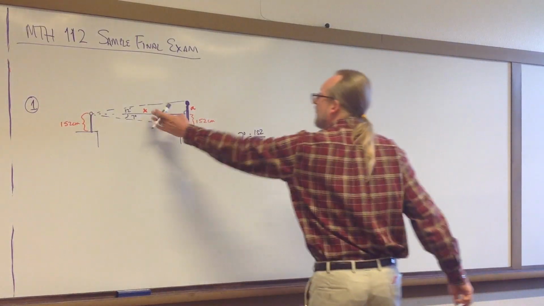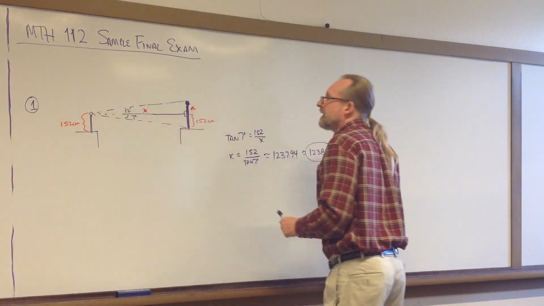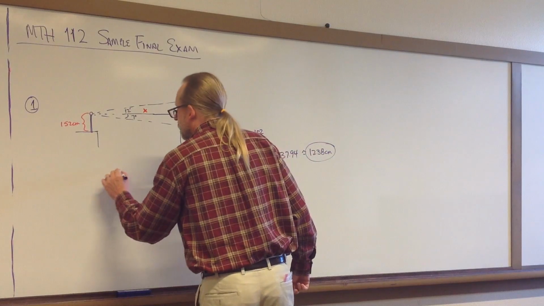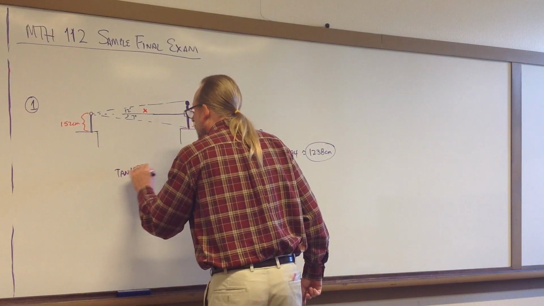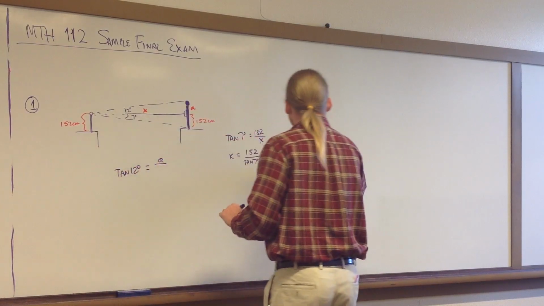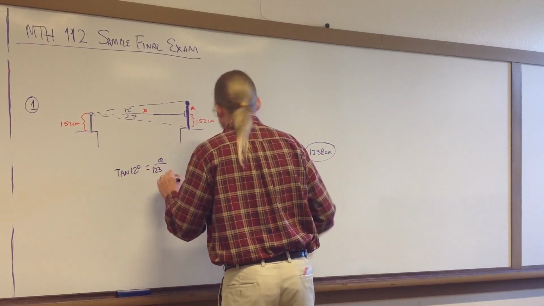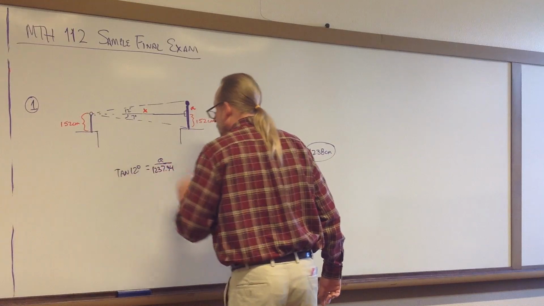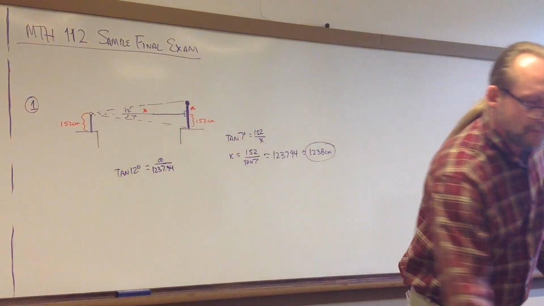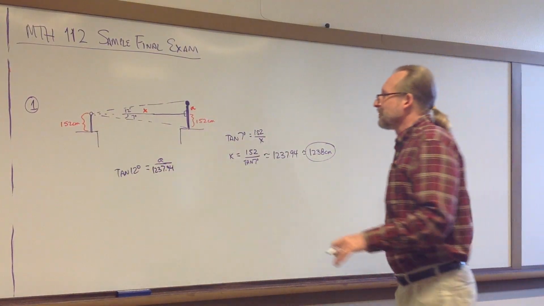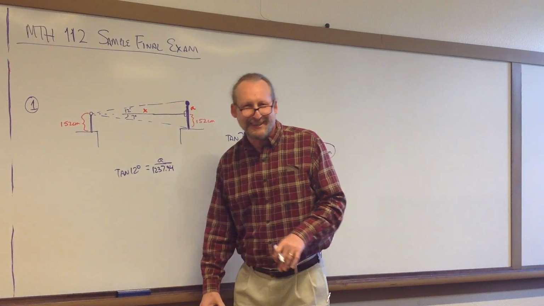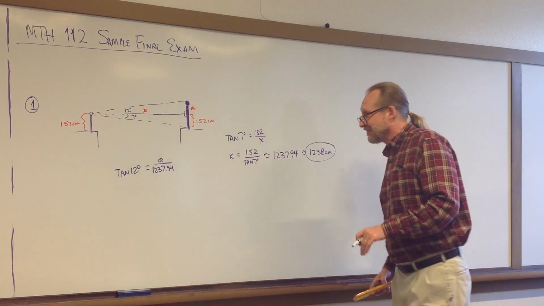Well, now that we know the value of x, we've got another right triangle here, and we can say that the tangent of 12 degrees is a over x. You can use 1238 if you want. I like to use the most accurate number possible, although the scientists will debate me about the importance of significant figures.